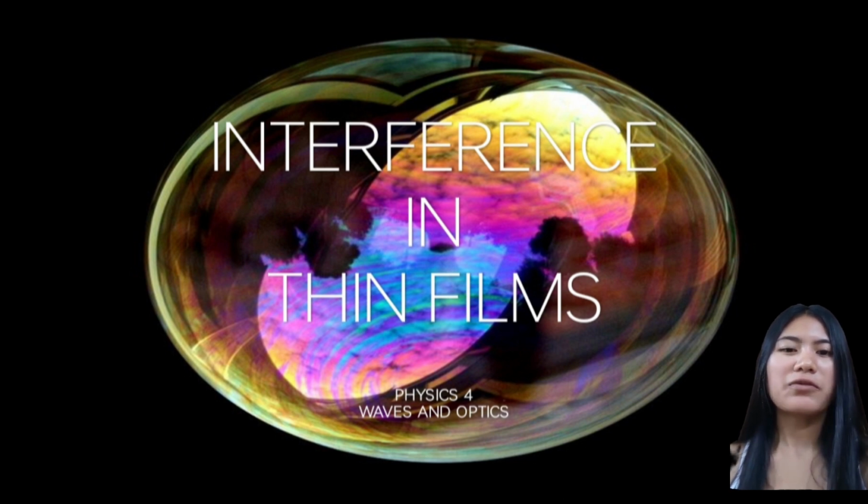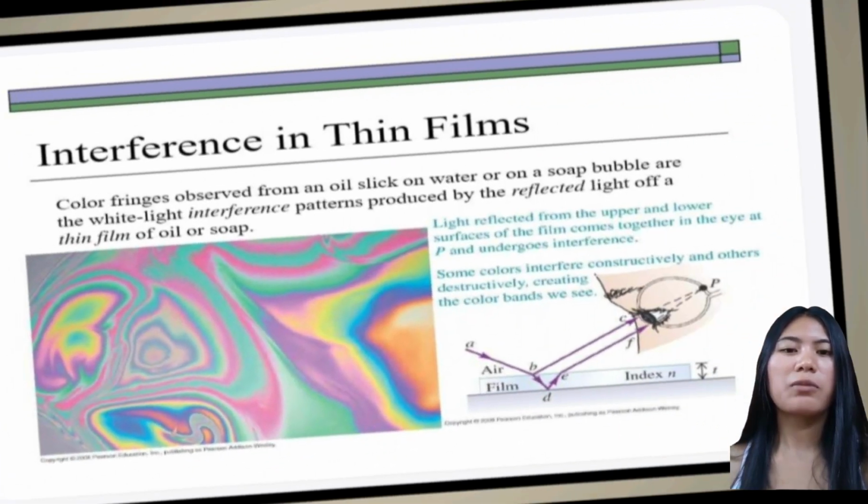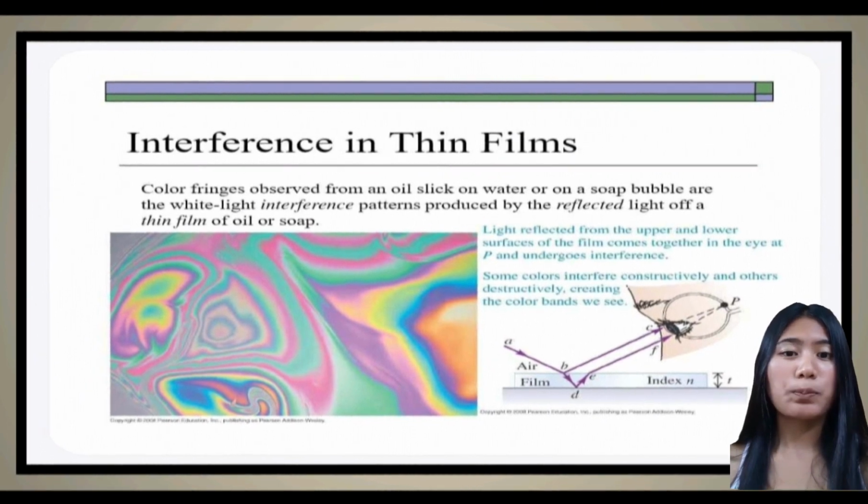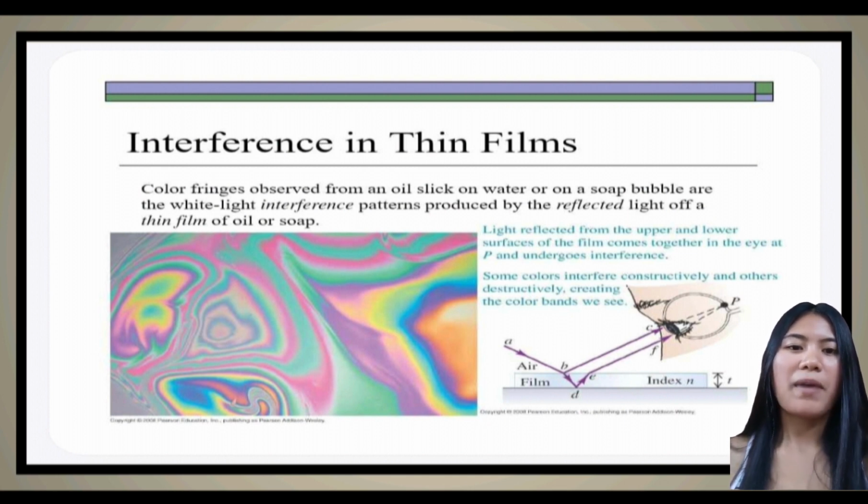Thin film interference is commonly observed in soap bubbles, oil slicks, and coatings on surfaces. The colors produced are a result of constructive and destructive interference. It also depends on the phase relationship between the reflected waves.